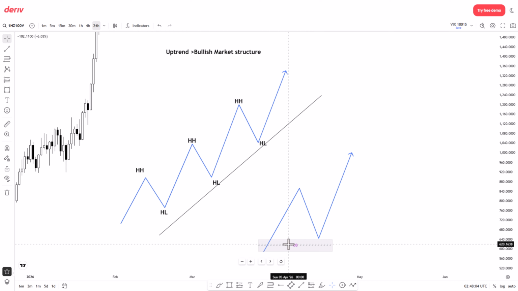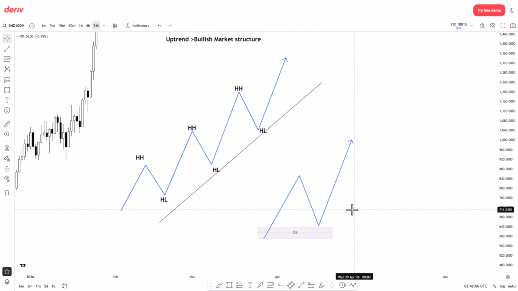We see another block at this level, and then we're expecting, as soon as price starts retracing, because to every expansion, which is an impulse, because if price should create a higher high, it is called an impulse.